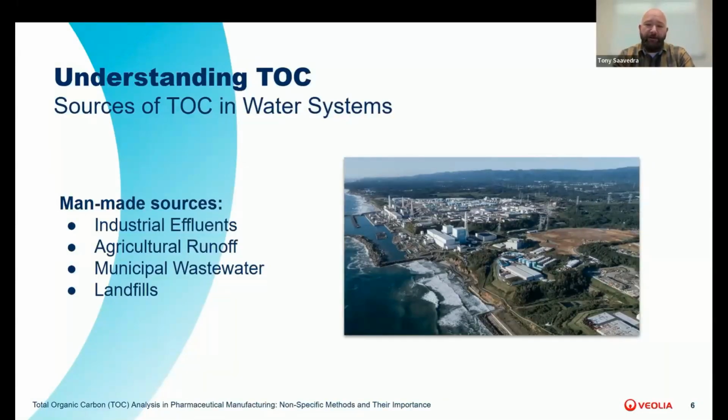Municipal wastewater, treated effluent from wastewater plants still contain organic matter. And then landfills. Water that travels through landfills can pick up dissolved organic compounds. And if it enters into the groundwater or surface water, it can significantly increase TOC levels.